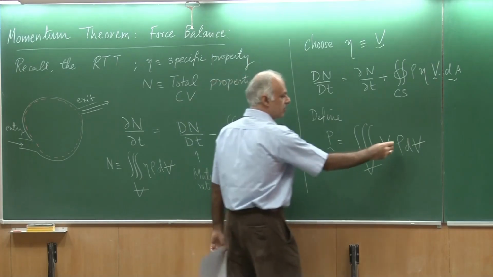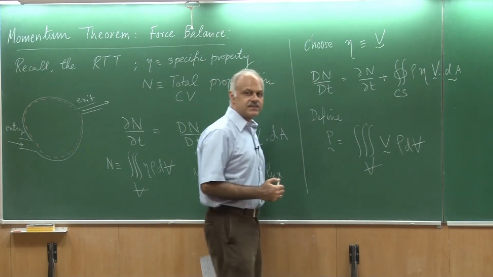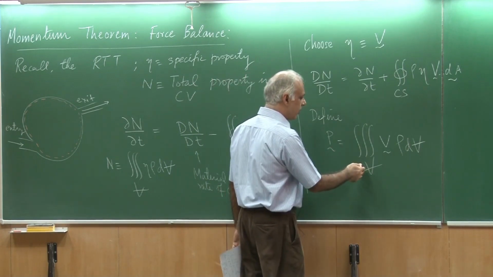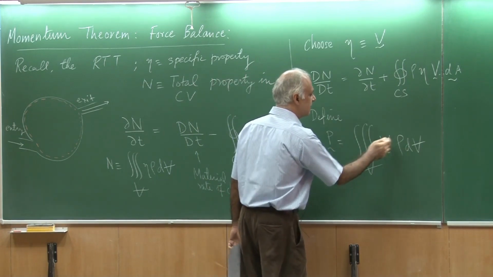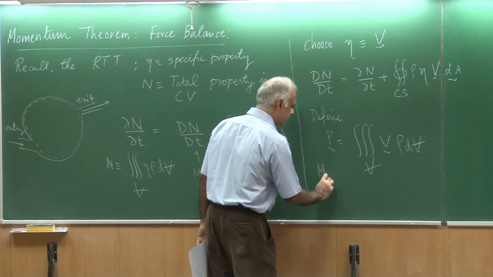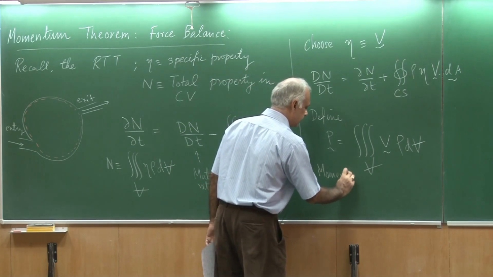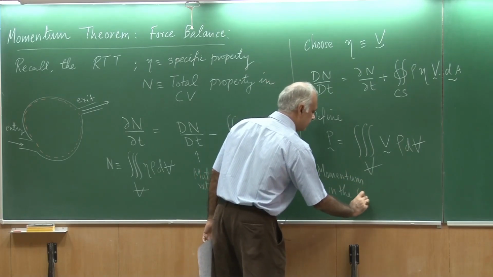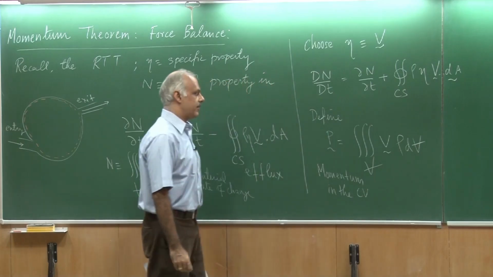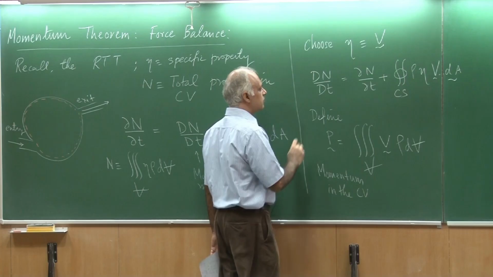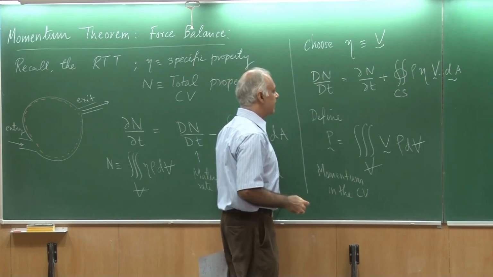Recall, rho dV is like the mass of an infinitesimal fluid element. I integrate it over the whole volume, and this then becomes the momentum. So P is the momentum in the CV. Okay. So that's what is going to happen to this term dN by dt.